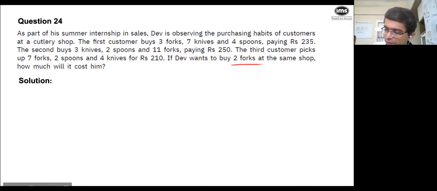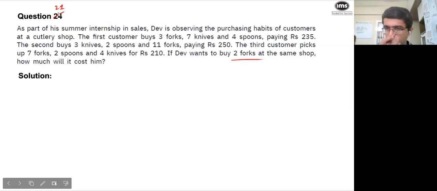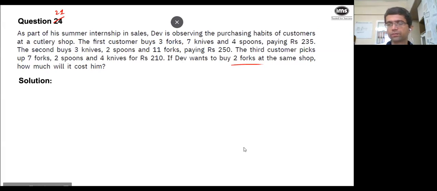This is question 21. Exactly 2 minutes. Let me see if you get it. Check your calculation, Jalaj. Your approach is right. Calculations are not.